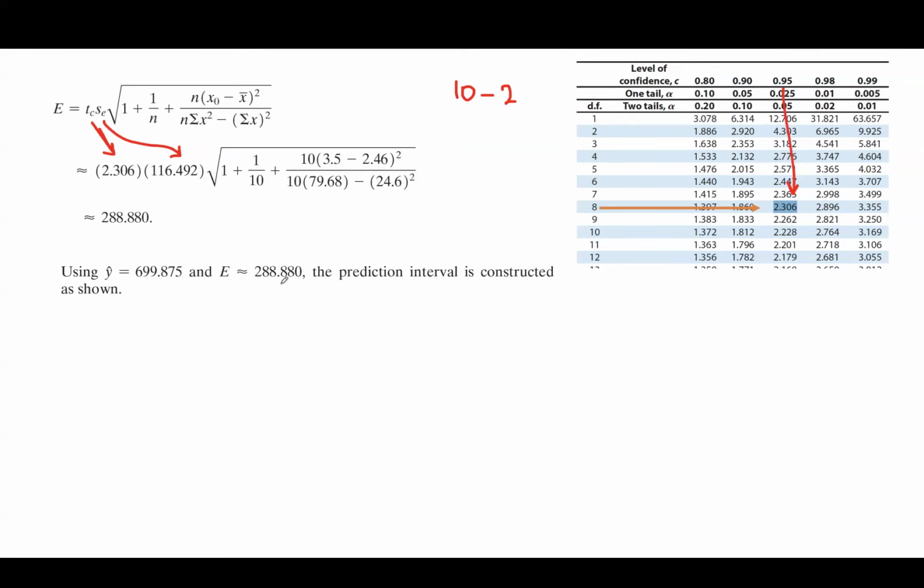We calculated the margin of error. So how do we construct the confidence interval? We want to know the left bound and the right bound of our interval. For any confidence interval, on the left-hand side you do a subtraction between y hat and the margin of error, and the right endpoint is the addition of y hat and the margin of error.